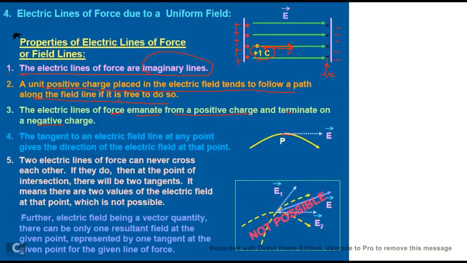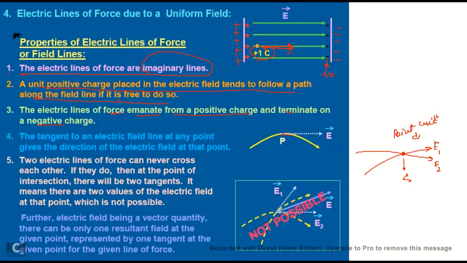Two electric field lines never intersect each other. This is a very important point which has been directly asked: explain why two electric field lines can never intersect. On intersecting, let's suppose E1 and E2, at that point of intersection they will have two directions, and one point can't have two directions at the same time.